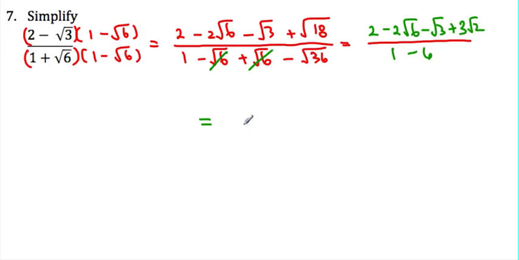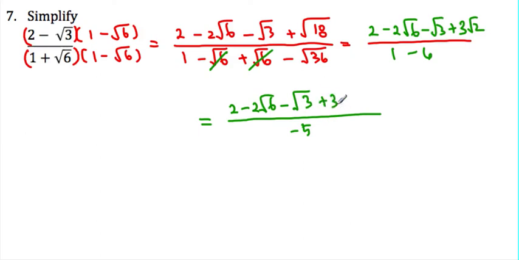And our final answer becomes negative 5 on the bottom, and we have 2 minus 2 square root of 6 minus square root of 3 and plus 3 square root of 2. And that becomes our answer.